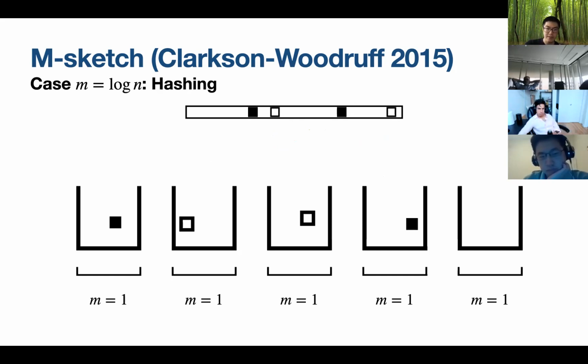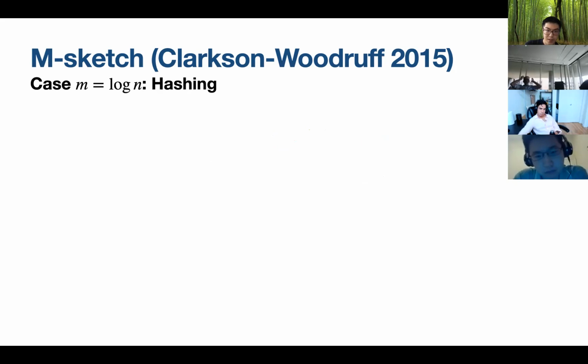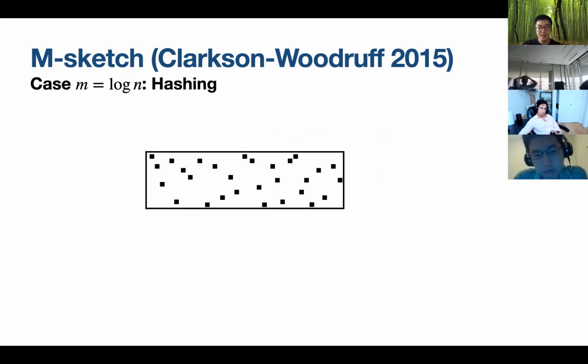So if I implement this as a sketching matrix S, then what this looks like is this, where I have n columns and log n rows, where the ith column corresponds to the hashing process of the ith item, and its bucket is going to be one of log n many buckets. And so what I end up with is a matrix where each column is a random standard basis vector in log n dimensions.